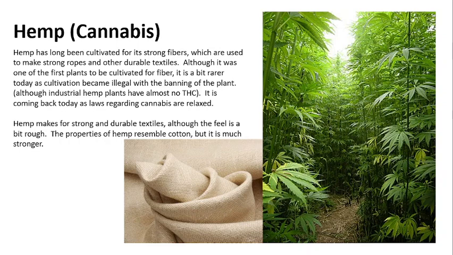It does have a bit of a rough feel to it, and other than that, it resembles cotton, but it's very strong. So if you want something that's strong and durable, if you line it with something, it'll last. And it also wicks moisture. It's quite good. All the plant fibers are quite good at wicking moisture and are cool.